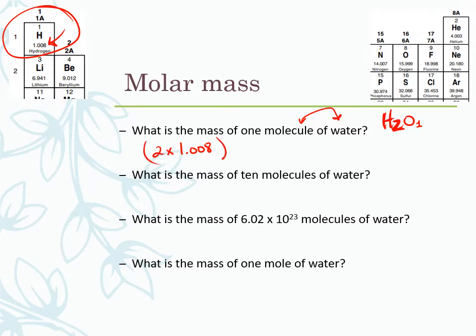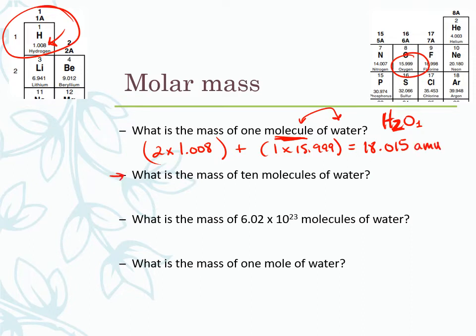And I'm going to add 1 oxygen, which is here, 15.999. I add those up, handy dandy calculator. 2 times 1.008 plus 1 times 15.999 gives us a mass of 18.015. Since I'm looking for the mass of 1 molecule, which is atoms stuck together in chemical bonds, my answer is going to be in AMUs.